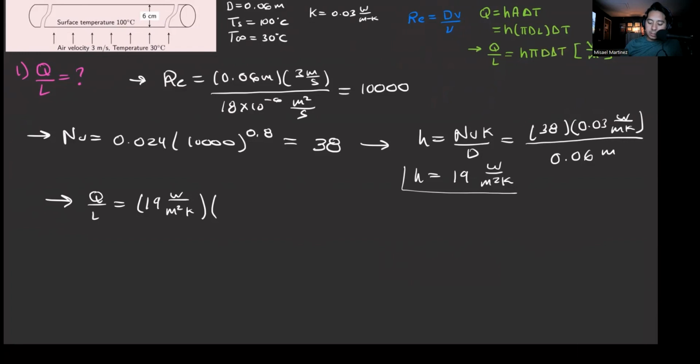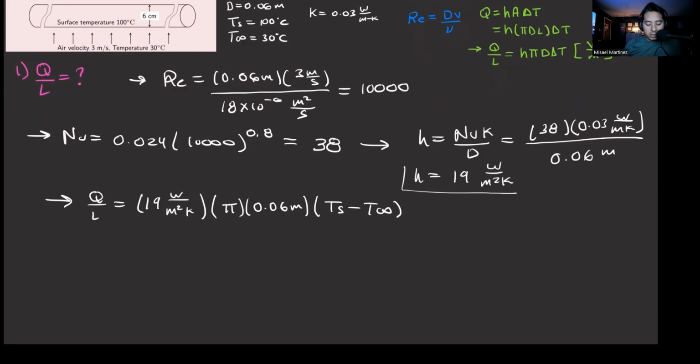That seems better. So once again, we multiply by pi times the diameter, which we said is 0.06 meters, times the temperature difference, Ts minus T infinity. I'm going to write them like this, but we know that one is 100 and the other is 30. So when you plug this in, we have 100 minus 30, that's 70, times 0.06 times pi times 19.